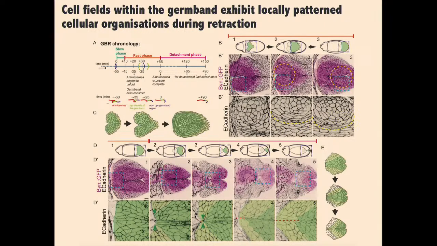So this is how we're moving not just this entire hind end of the embryo backwards, but also repositioning cell fields so that things that were close to this midline and organized vertically end up being horizontal and placed closer to the tail end than cells that were more laterally placed.